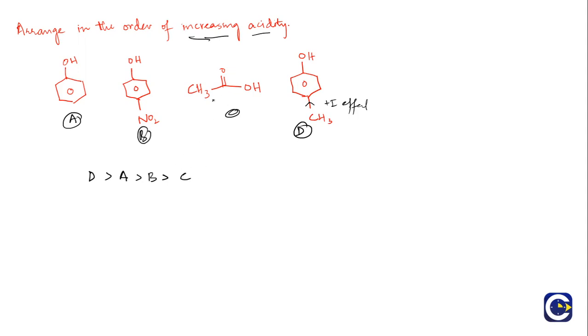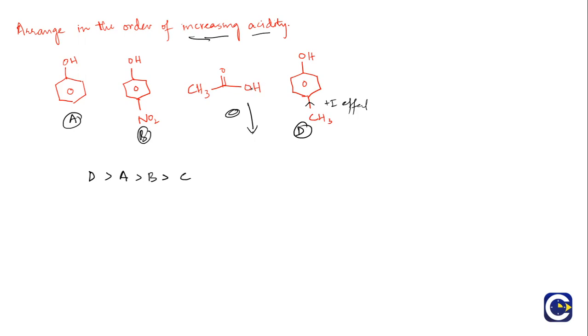We should remember this, that carboxylic acids are more acidic than phenols. Okay, why? Because we have conjugation: when this carboxylic acid loses the proton, there is again a lone pair of electrons on this oxygen.